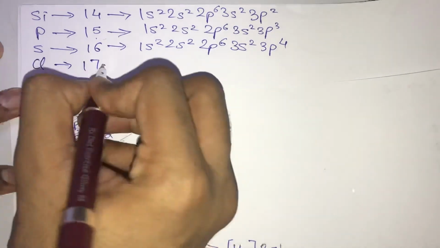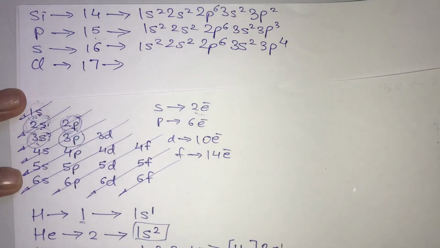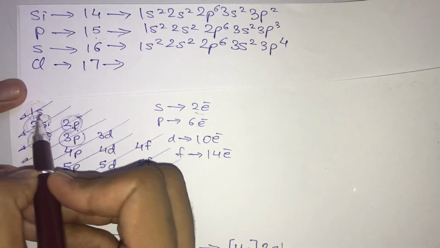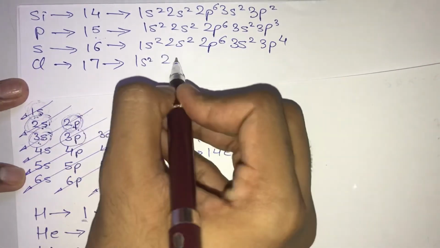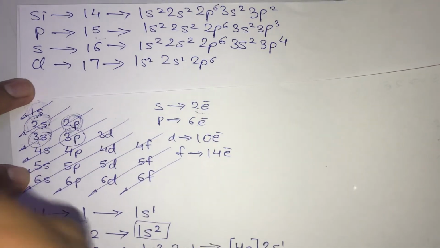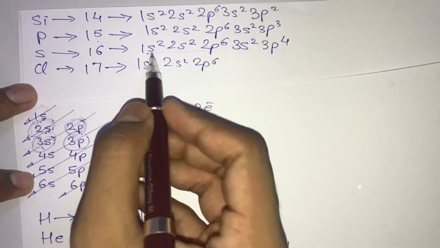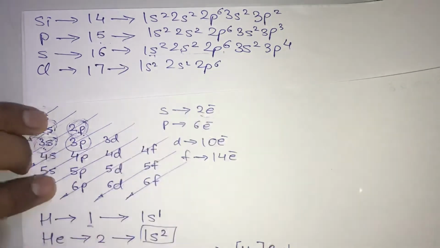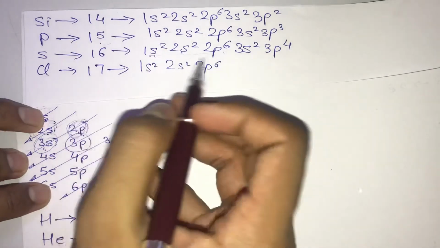Now let's move on to the next one, chlorine, whose atomic number is obviously 17. Now guys, I think this must be easy for you. First 1s2, 2s2, 2p6. I will recommend you all to remember this up to 10: 1s2, 2s2, 2p6. These are nothing but a collection of 10 electrons. So you just blindly write 1s2, 2s2, 2p6.